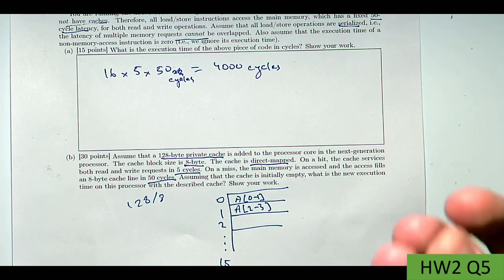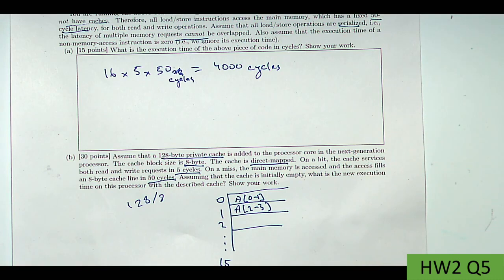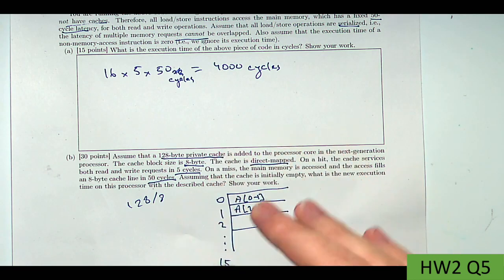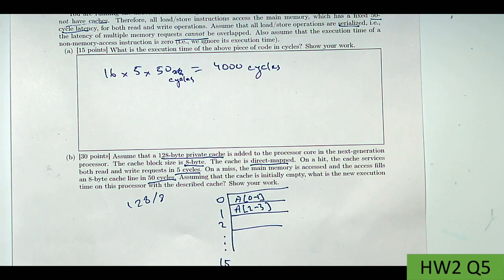So it should be 55 cycles in total for a miss. Here in the solution, apparently we don't take that into account, so we just use 50. Ideally this should be clearly specified in the exam question, okay? So either you bring the data from the main memory all the way to the CPU in X cycles, or you bring it only to the cache in X cycles, and then you still have to pay the hit latency. It will be stated clearly in the exam.